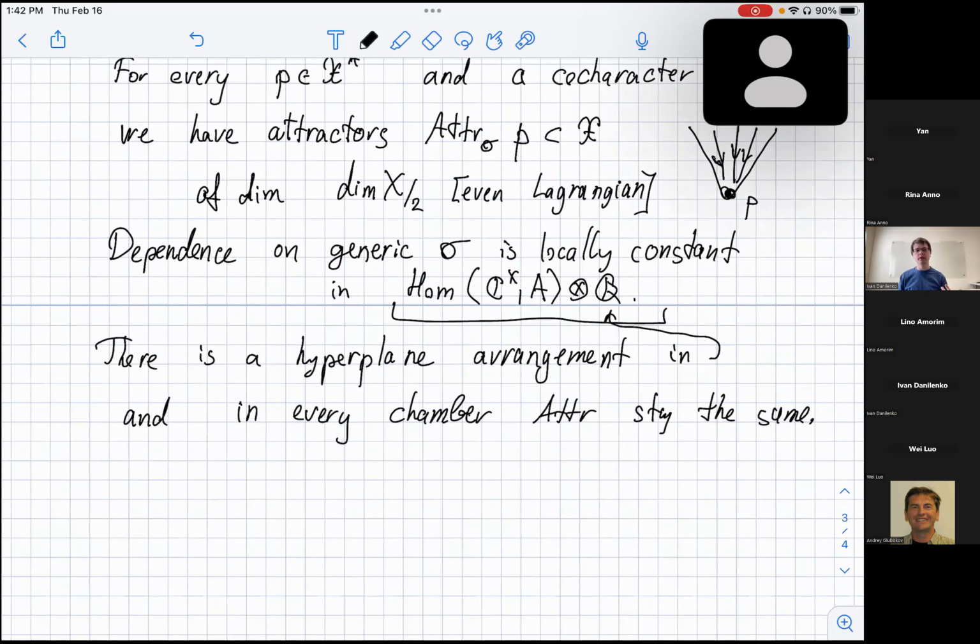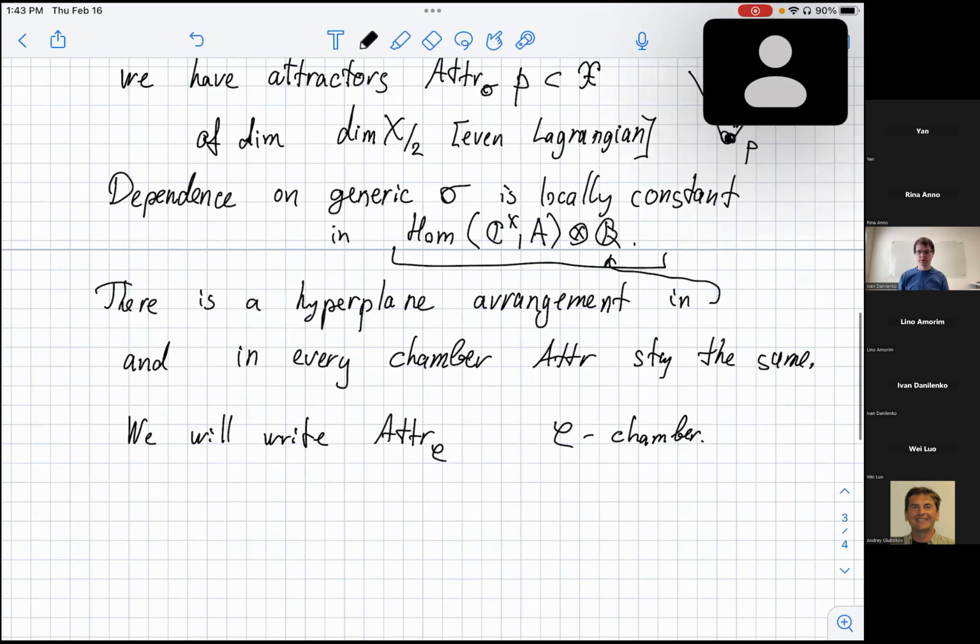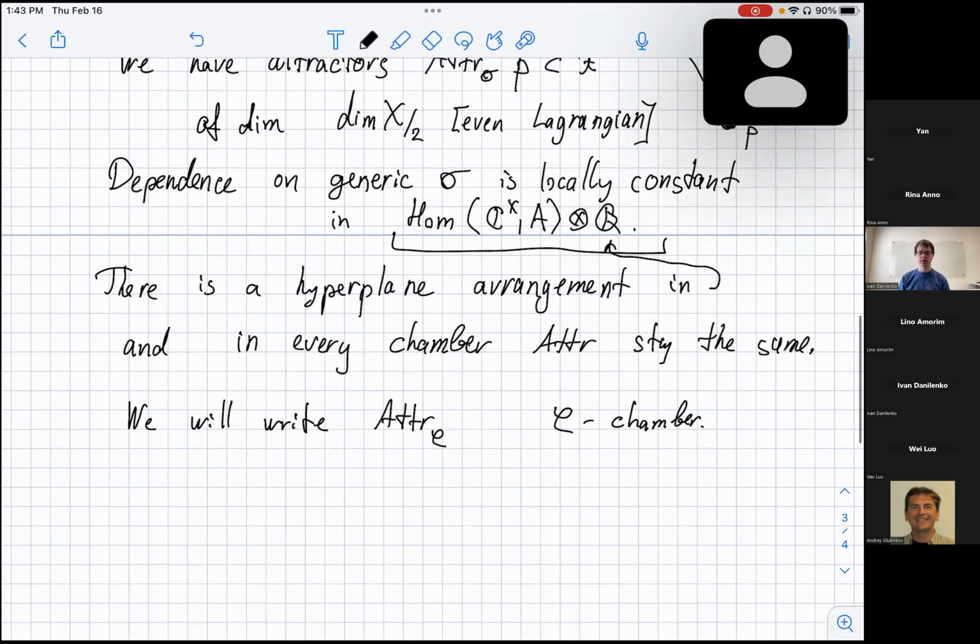So that's why instead of just fixing a co-character, we will write the attractor with respect to a certain chamber. So this is a chamber. There will be finitely many options for how we can define an attractor, and they will depend on a certain chamber in the space of co-characters.